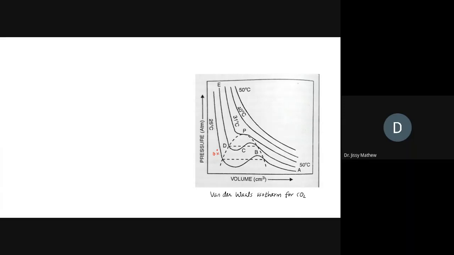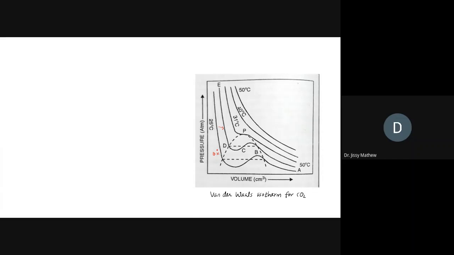For a given value of pressure, there are 3 values for V at this temperature. Also, at 25 degrees Celsius, you can again see a wave-like portion, and for a given pressure there are 3 values for volume.